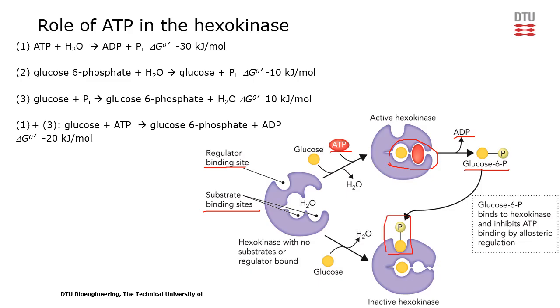In that situation, the enzyme changes conformation, and as you can see here, there's no longer room for ATP inside the active site. Now, this kind of feedback regulation is quite normal, and the binding to a secondary site of the enzymes is called allosteric regulation, and we'll get into that in other lectures as well.